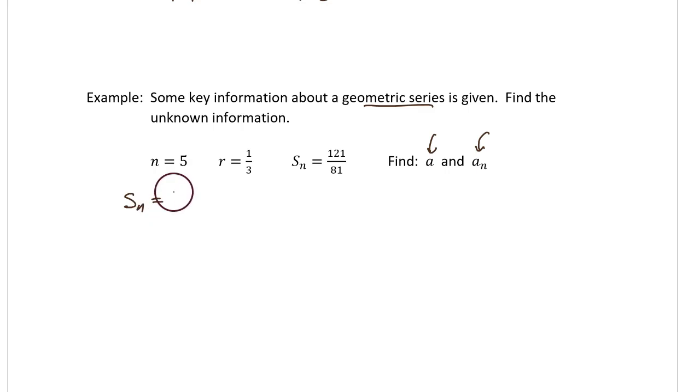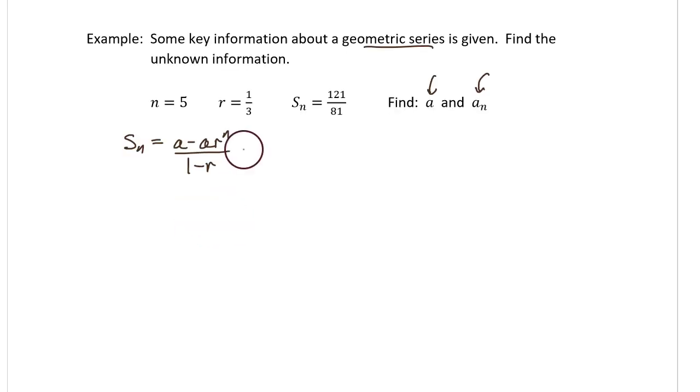S sub n equals a minus ar to the n divided by 1 minus r. Then make substitutions. For s sub n, we have 121 over 81. We don't know the value of a. For the letter r, we have 1/3. And for n, we have 5.